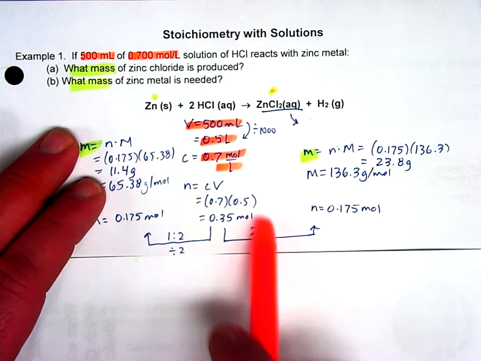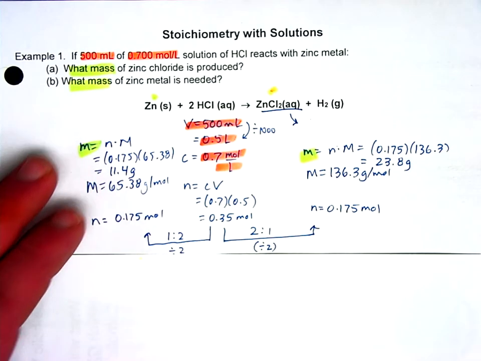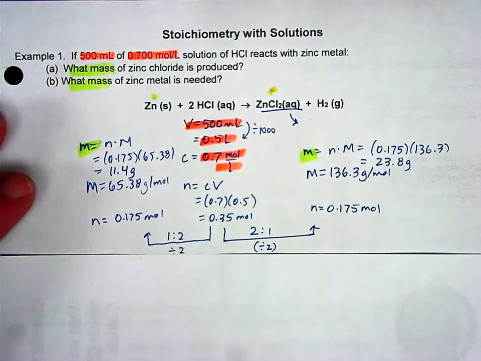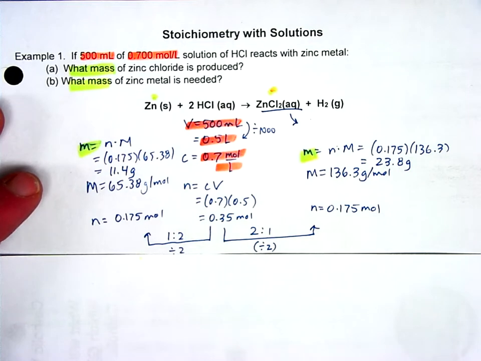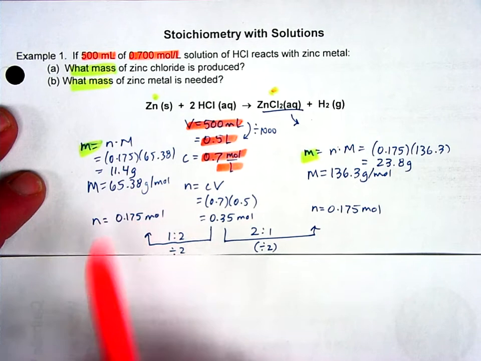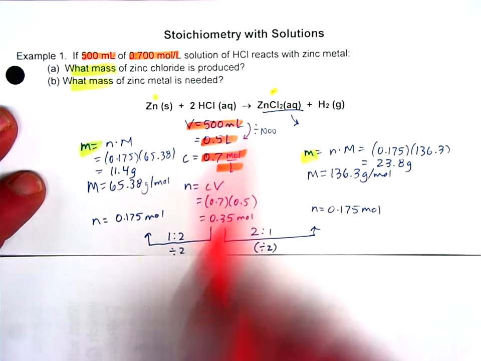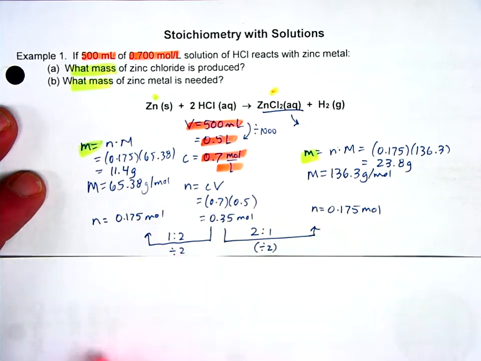And we're going to use the numbers in front of the reactants or products in the balanced equation, the stoichiometric coefficients, in order to figure out how many moles are going to be produced. Well, this is 2 to 1, so there's 2 of these for every one, so there's half as many moles being produced of zinc, and there's half as many moles of zinc needed.